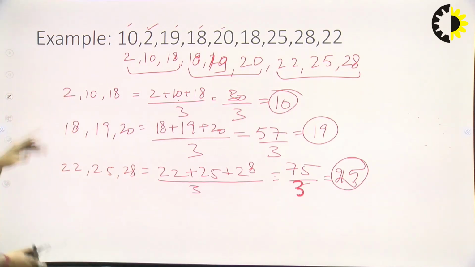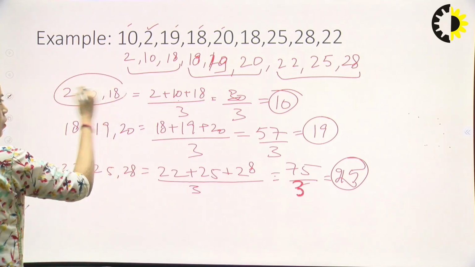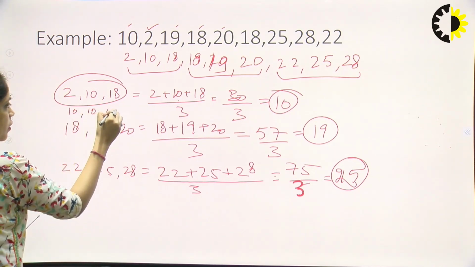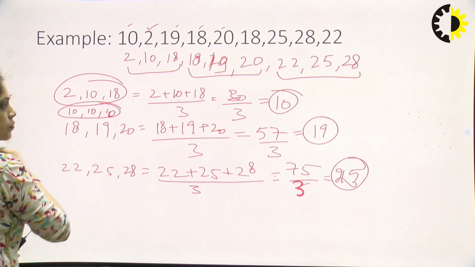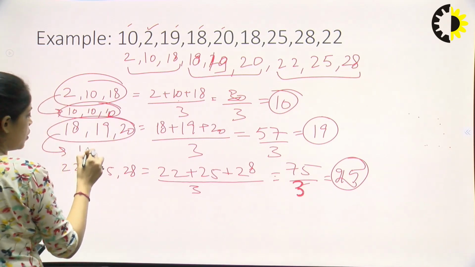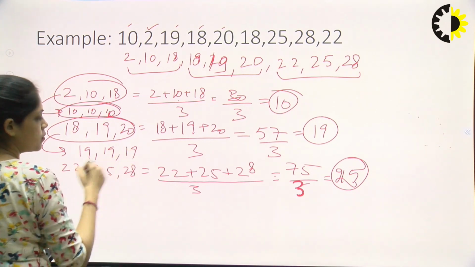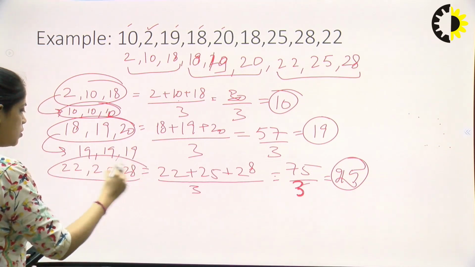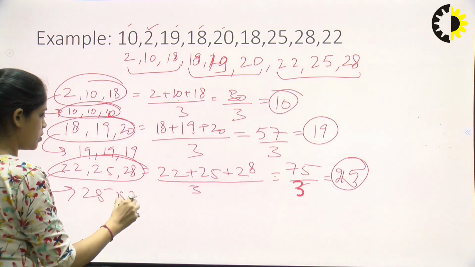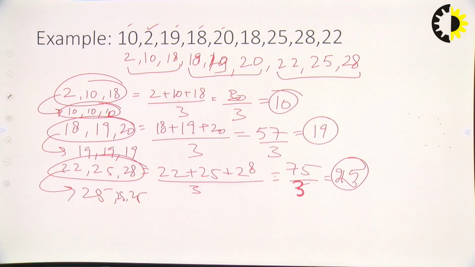Now this particular bin is replaced by 10, 10, 10. This particular one will be replaced by 19, 19 and 19. And this particular one will be replaced by 25, 25 and 25. So this is what smoothing by bin mean is.